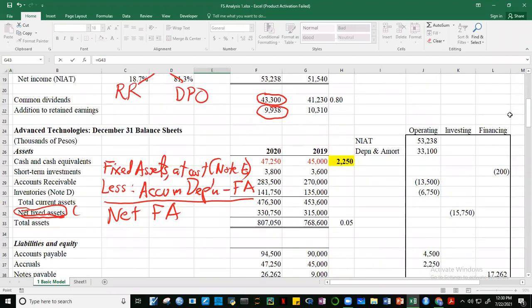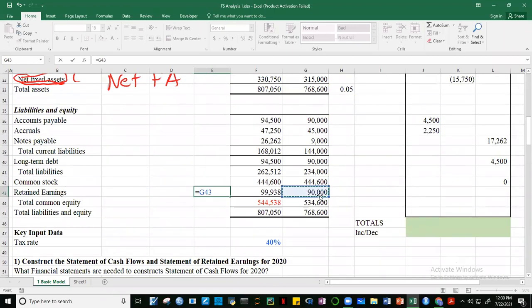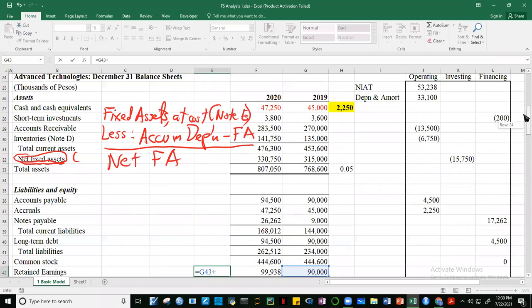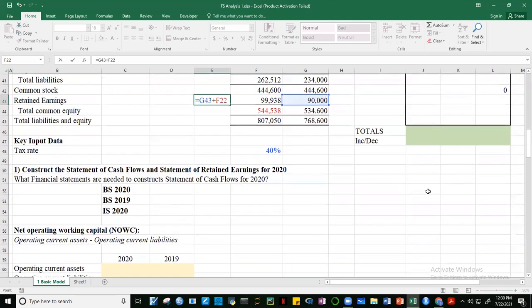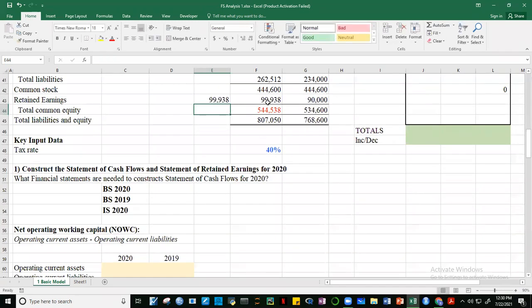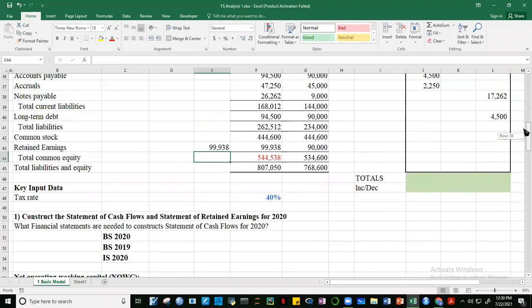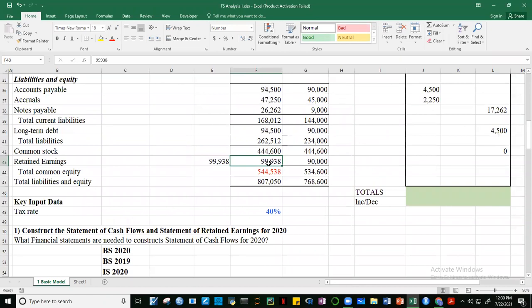So yung prior retained earnings plus yung nadagdag na retained earnings ng 2020, which is 9,938, that's why we get 99,938. It's the previous retained earnings plus whatever addition was added in 2020.